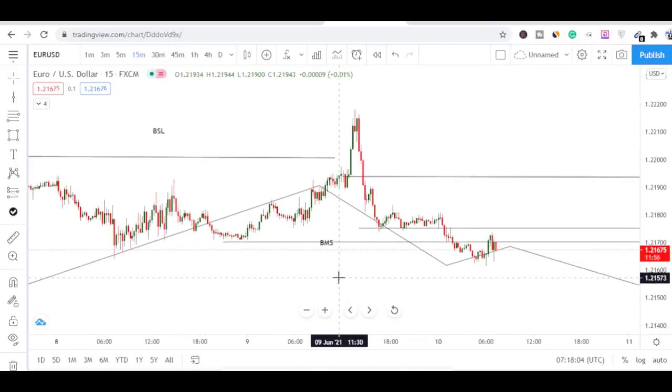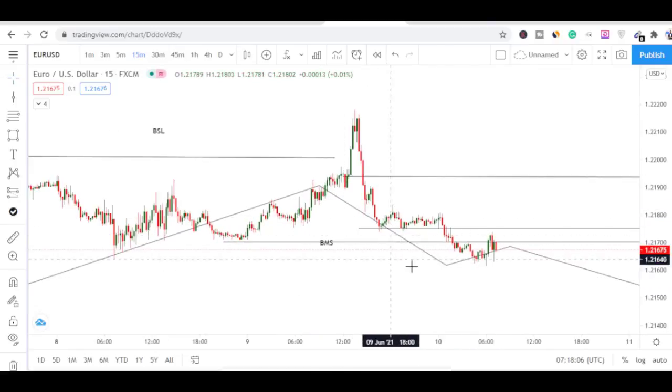Now you can see, wow, can you see the analysis? Remember, this is a higher time frame BMS, about a 1 to 2 hour BMS right there. You can see that for yourself, right? And price came back and touched it in respect with almost the, let's see what's happening here.